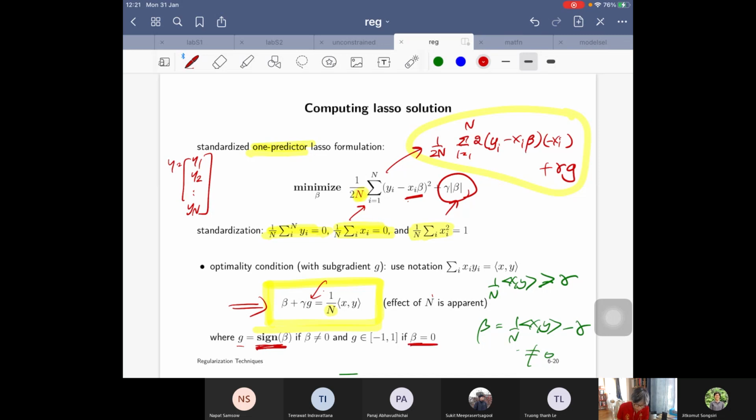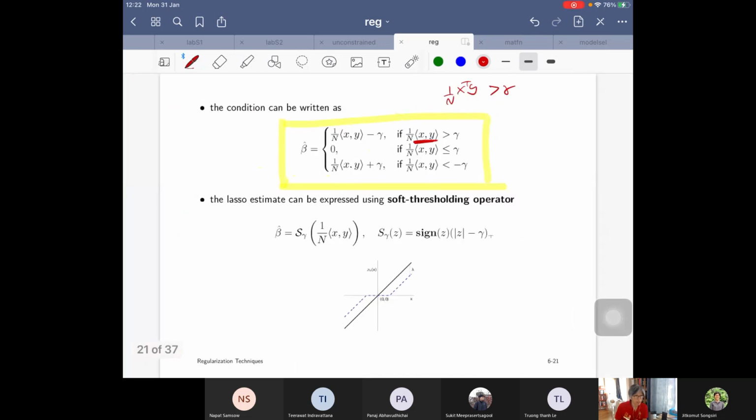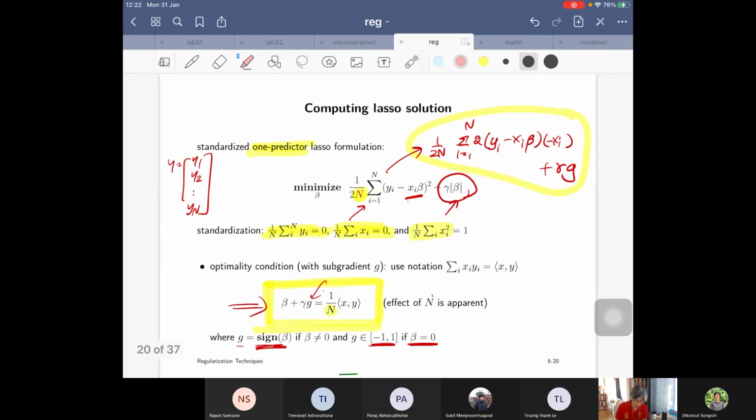If the optimal beta is zero, g can be any number between -1 and 1. Then I'm trying to relate the optimality condition in the yellow box, where I don't have the closed form, to the pink box, which turns out to be equivalent. Now I'm trying to verify for you that the pink box satisfies the yellow box.